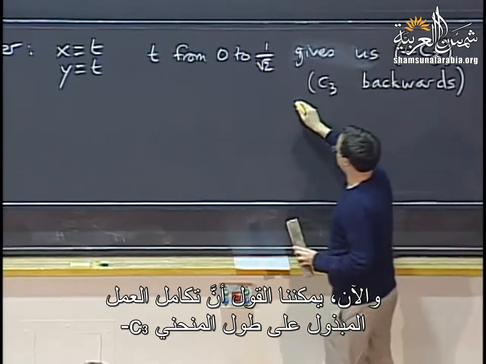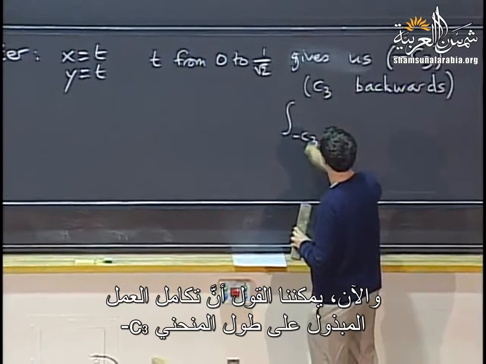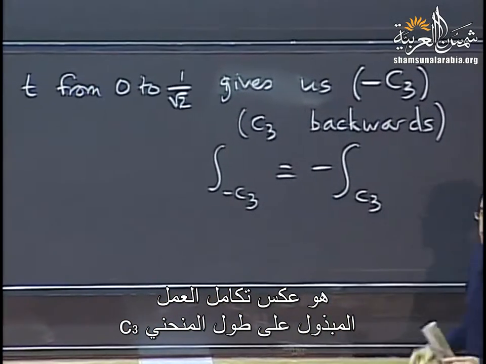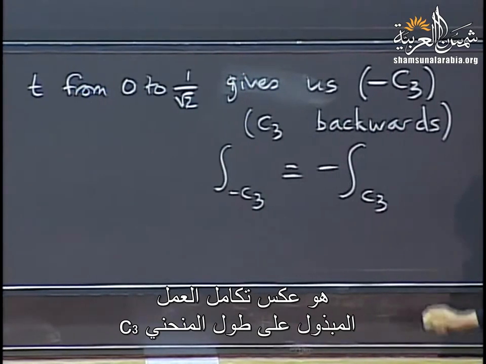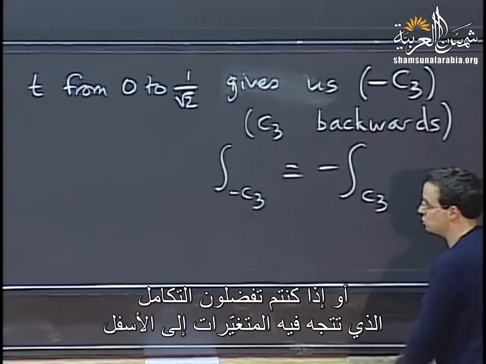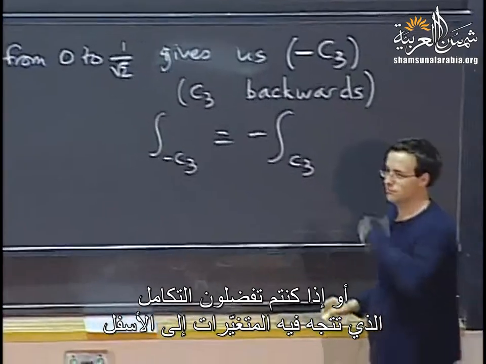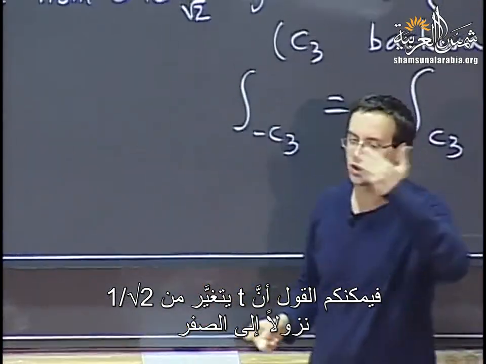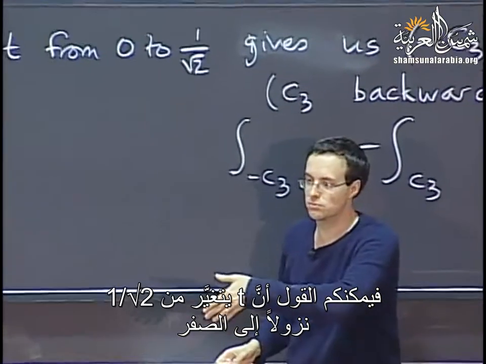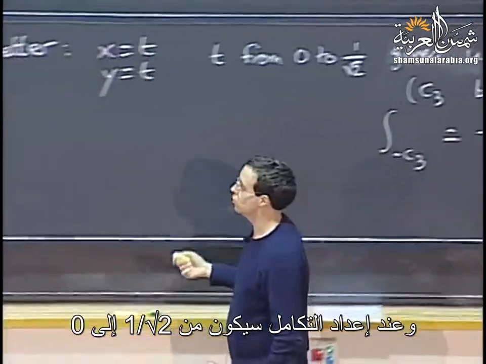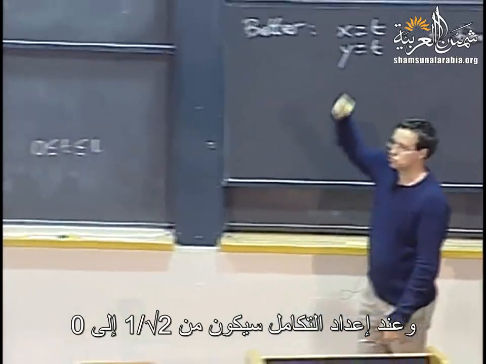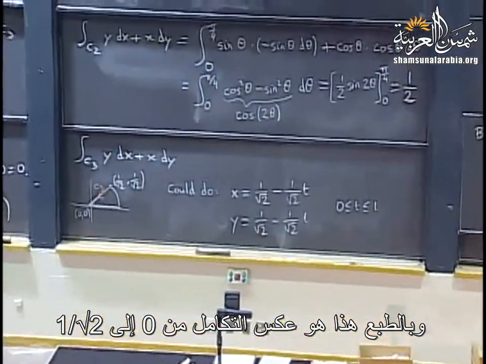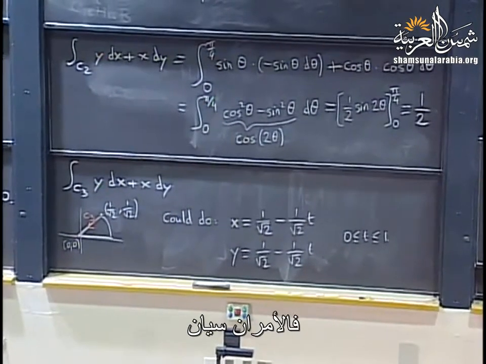Then the integral for work along minus C3 is the opposite of the work along C3. Or, if you're comfortable with integration where variables go down, then you could also say that t just goes from 1 over square root of 2 down to 0, and when you set up your integral, it will go from 1 over root 2 to 0. Of course, that will be the negative of the one from 0 to 1 over root 2. So it's the same thing.